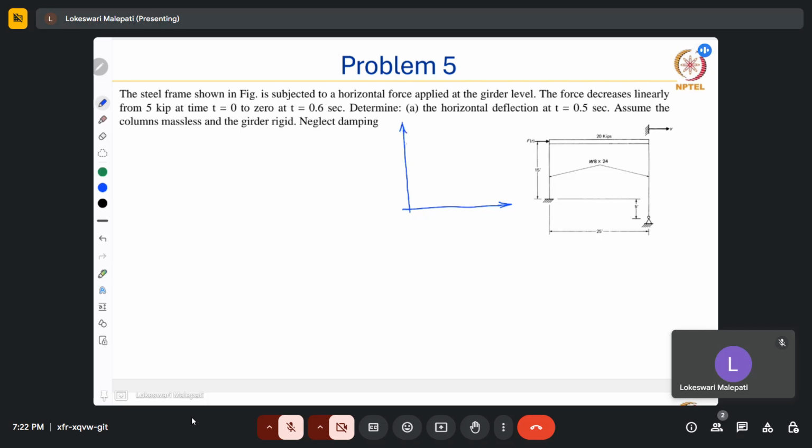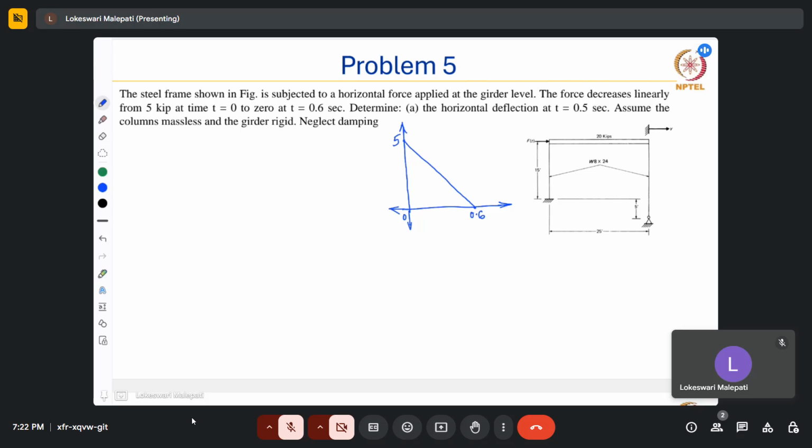We have a pulse of this kind. At time t equal to 0, we have 5 kips, and at time t equal to 0.6 seconds, the force has linearly dropped to 0.